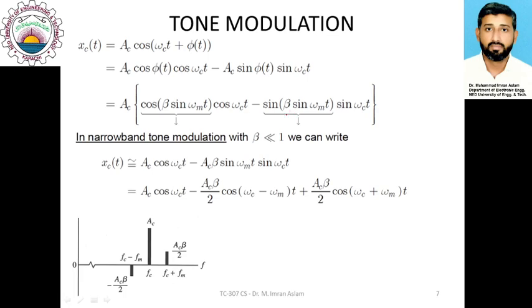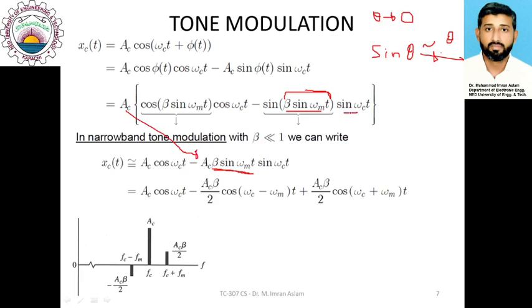Similarly, for sine of beta sine omega mt, as we know that sine theta, when theta is much smaller than 1, can be approximated as theta, approximately equal to theta, when theta goes to 0. So in that case, if beta is much smaller than 1, we can approximate this relationship by simply beta sine omega mt. So theta is now replaced with this beta sine omega mt. This constant AC appears as it is.